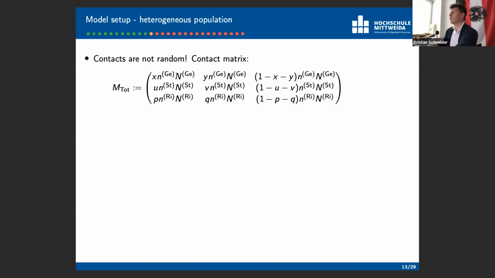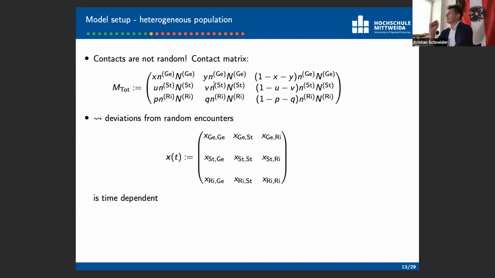Then a good proportion, let's say x, is among the general population itself, another proportion is contacts with the staff, and the rest with the risk group. And it's the same for the others. These proportions, x, y, whatever, you have a lot of letters here, they don't really matter. We don't need them in detail. They are constrained in a way that this matrix is symmetric, because contacts are obviously symmetric.